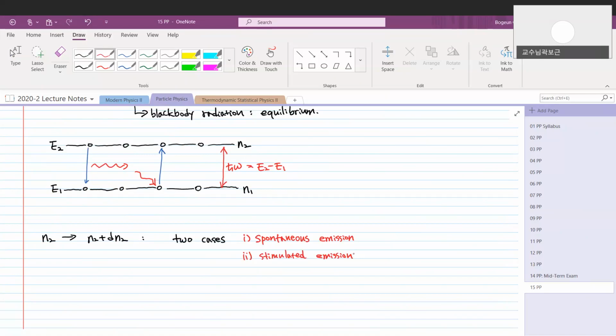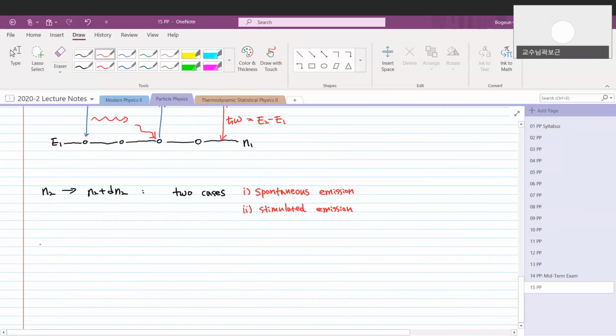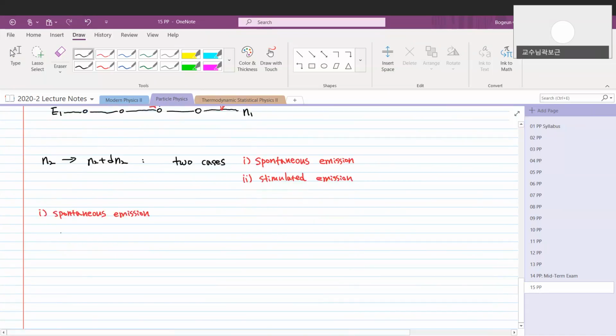In spontaneous emission, the atom in state E2 goes to E1, just spontaneously emitting a photon.